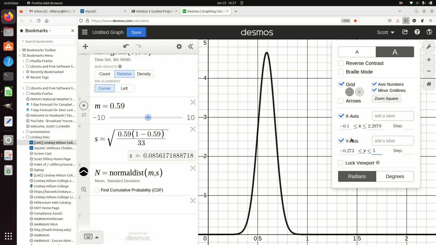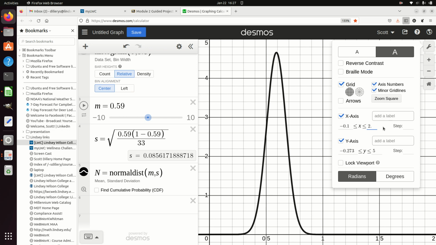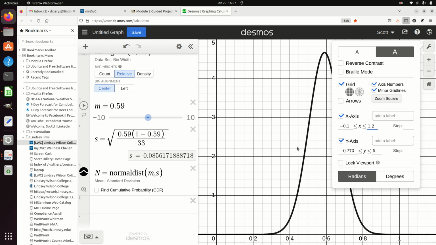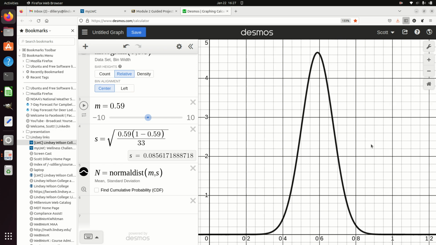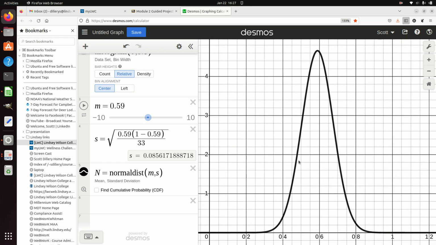So hopefully you don't have to do that. You'll do it here. Okay, and then what did I say? I think about 1.2, and then I can just move it a little bit if I want to, but that looks really good. Okay, so there's 1.2 for my width, and so there I have my normal distribution.